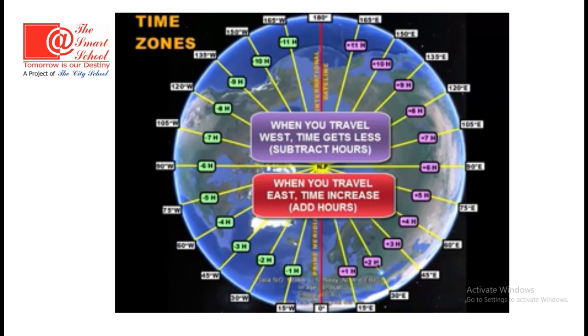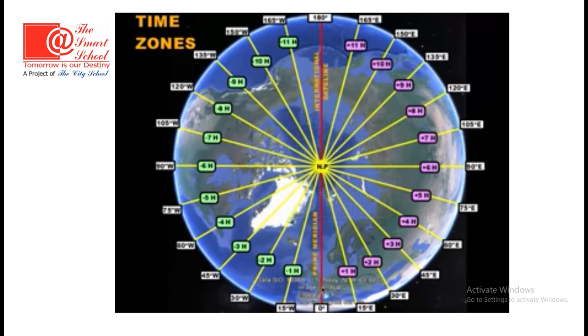As I go to 45, that's 3 sets of 15, which gives me 3 hours, and I add an hour for every 15 degrees until I get to the international date line. The prime meridian is usually our reference, so we think of that as 0 hours because it's our starting point, and the international date line is usually about 12 hours different. So that's how direction and time break down.